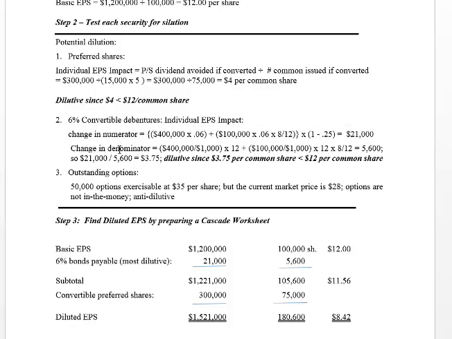So now, in the denominator, what would have happened? Well, if those bonds had been converted at the earliest opportunity, how many more common shares would be out there? Well, we know for every $1,000 in bonds of the 400,000 that have been outstanding all year, we could have converted them into 12 common shares right on January 1st.